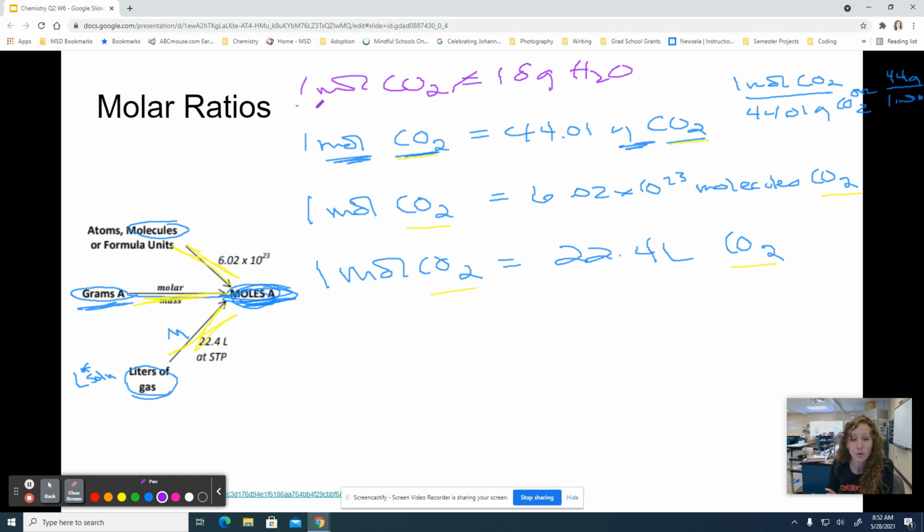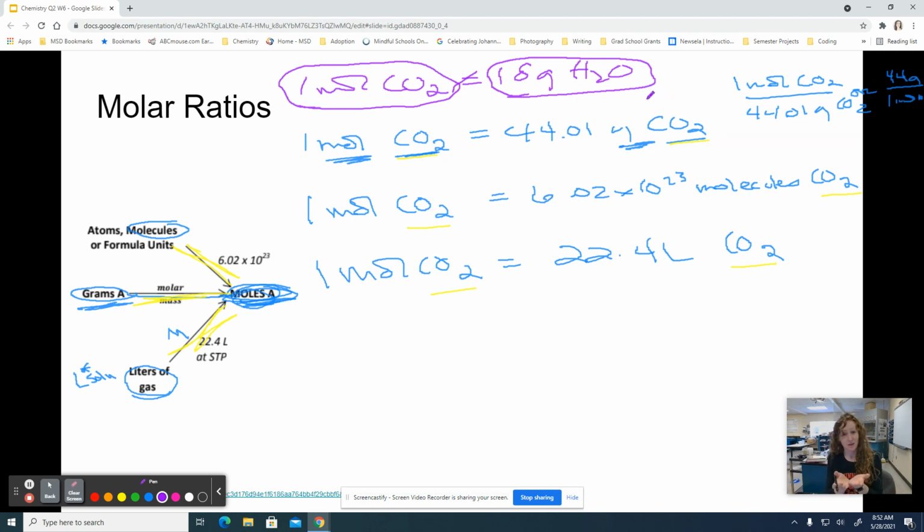If I have a mole of carbon dioxide in some container on this side, and I have 18 grams of water in some container on my other side, those two things are not the same amount. They're not the same amount of mass. They're not the same amount of molecules of carbon dioxide or molecules of water. They're not equivalent.